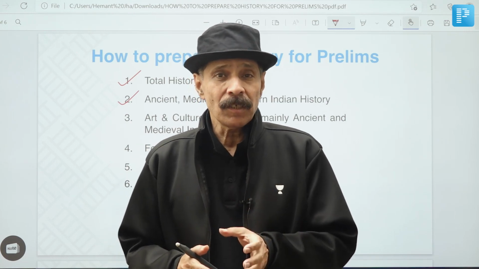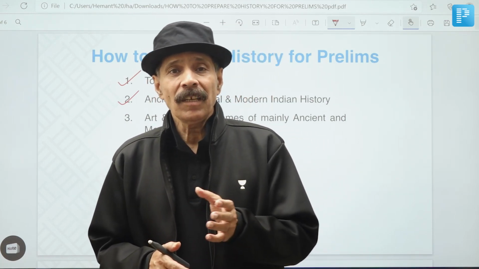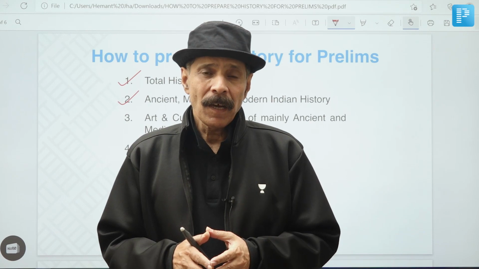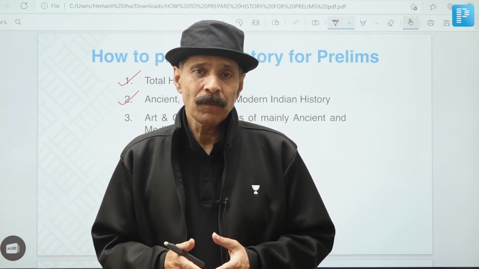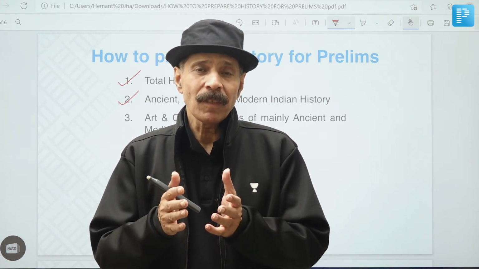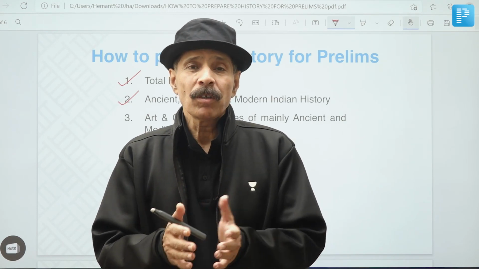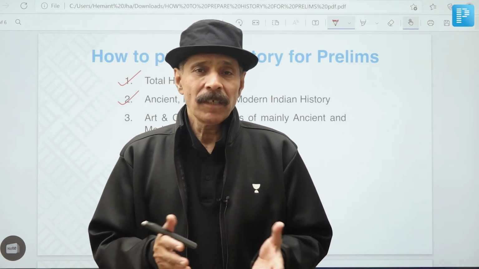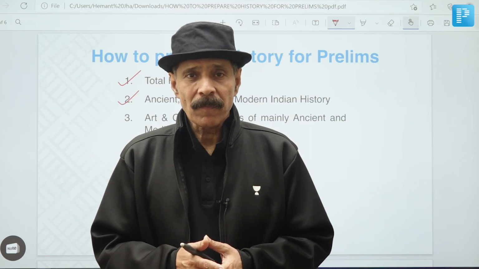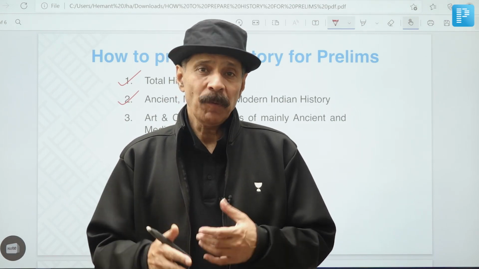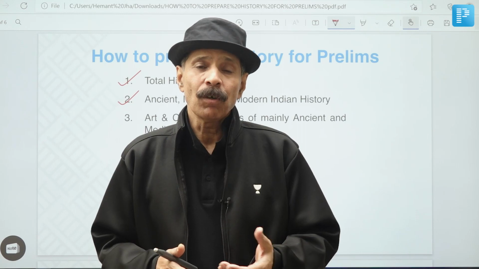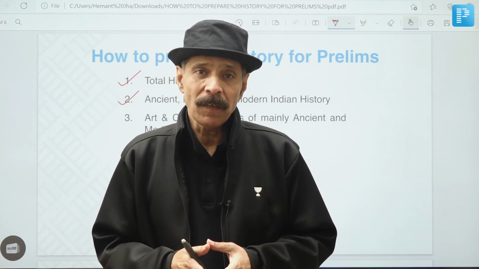And in modern history, you should focus mainly till 1947. I have seen many aspirants working on modern Indian history beyond 1947. In general, questions are not there. And some aspirants, out of ignorance, work on world history as well.